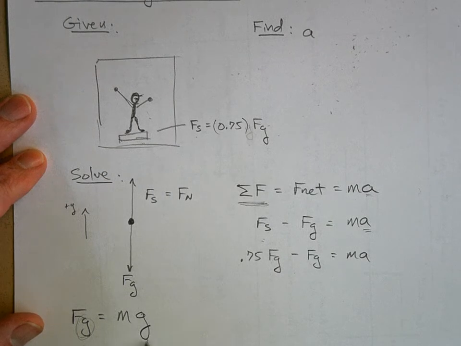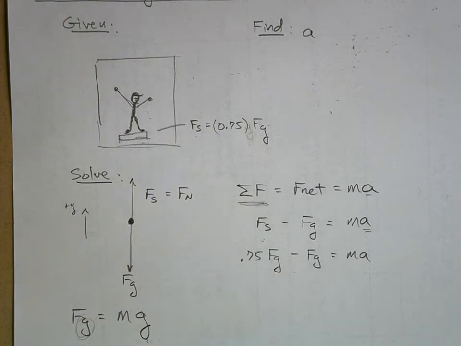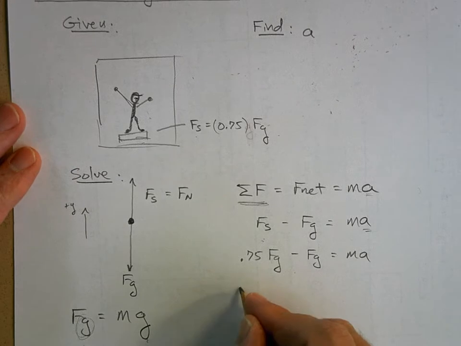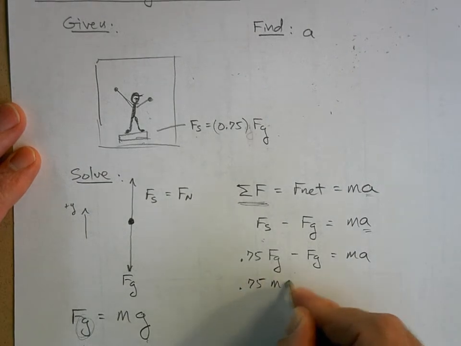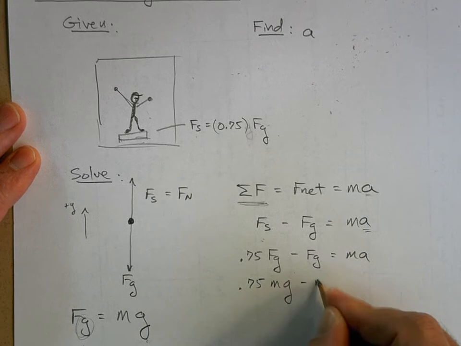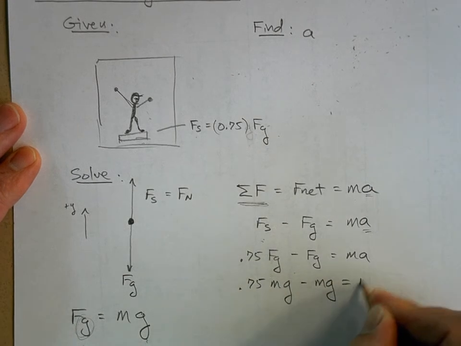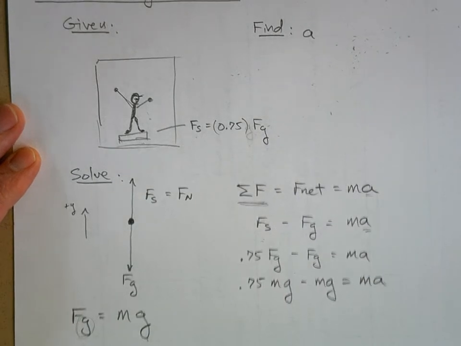This g right here is a number that we multiply by. It's the gravitational field strength. It's how much force gravity gives per kilogram of mass. So this is 0.75 times the mass times gravity minus mass times gravity equals mass times acceleration.